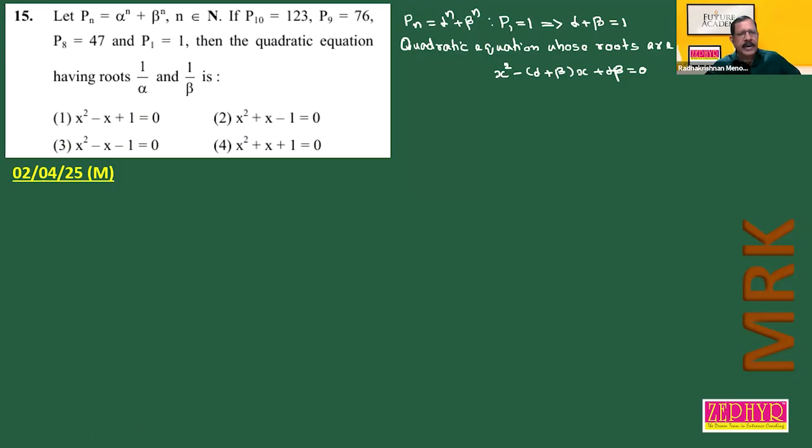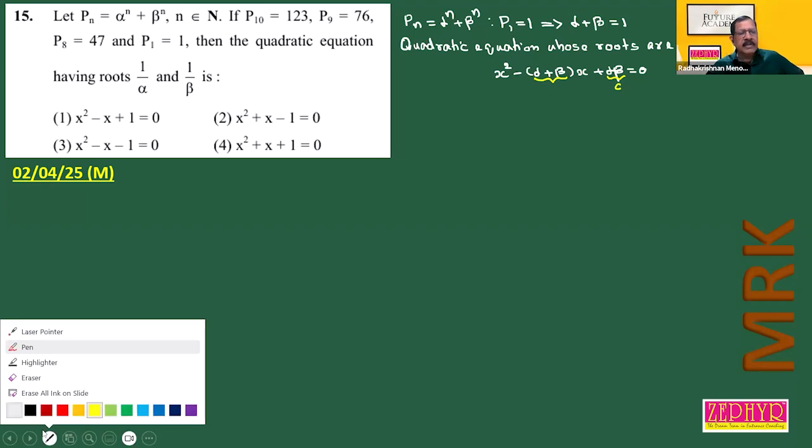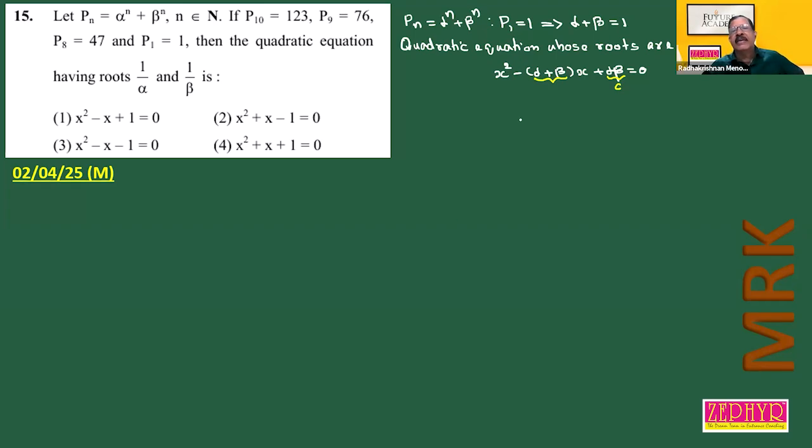Okay, here alpha plus beta is equal to 1. Let's assume that alpha beta equal to C. We have got alpha plus beta is 1 from P1.